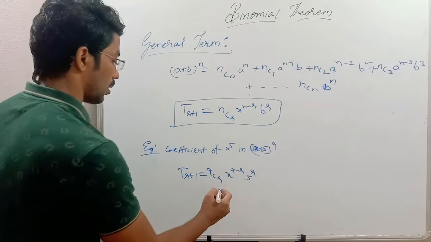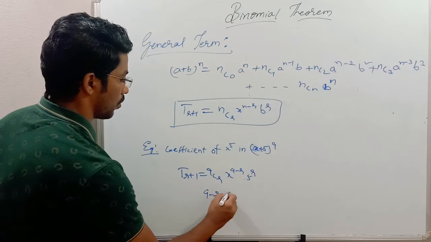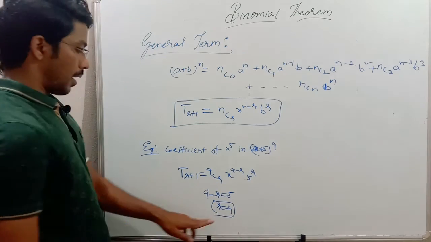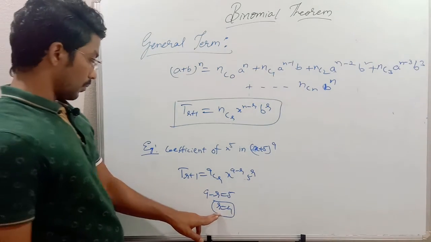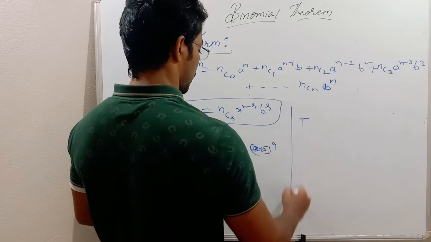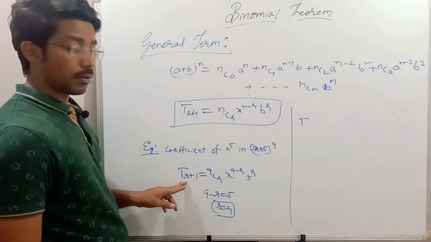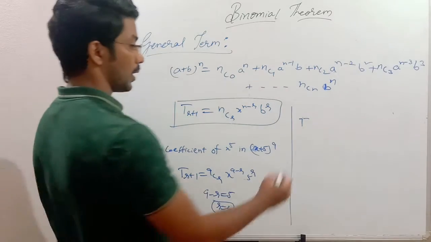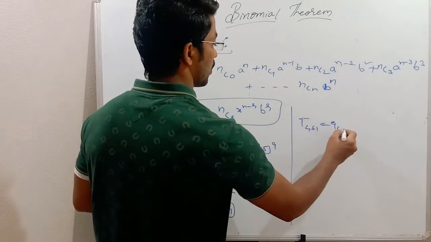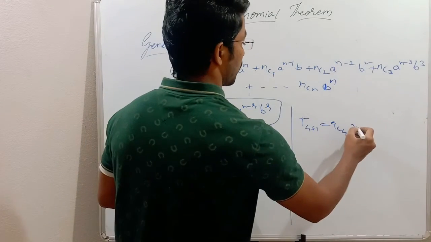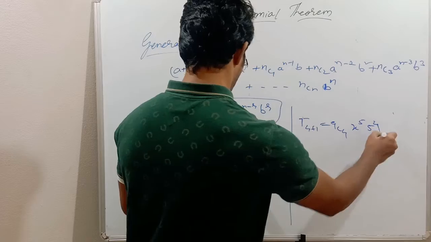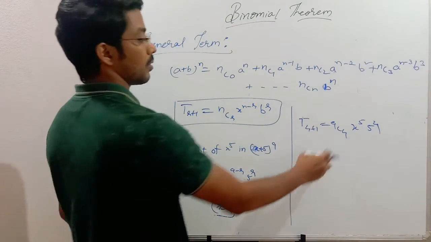So 9 - r = 5, r = 4. After getting the r value, if we substitute 4 in place of r, we get T(4+1) = 9C4 x^5 5^4. So this is the value we get.